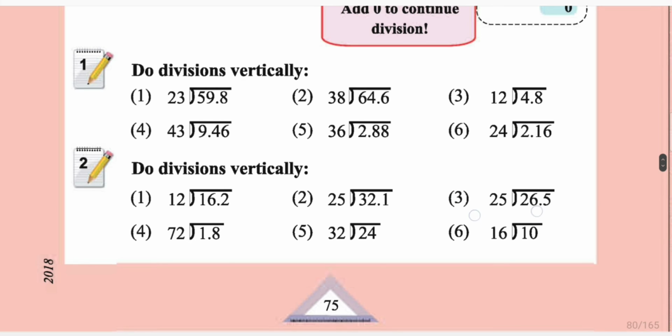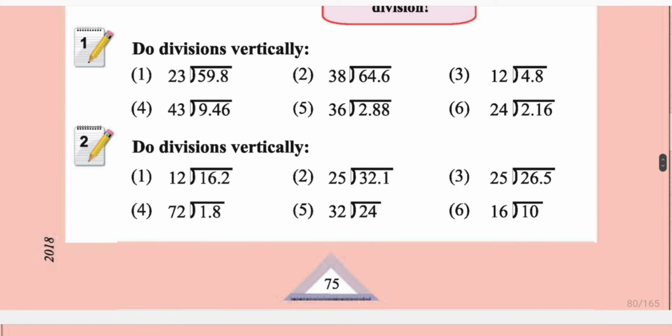Let me take one example, 59.8 by 23. 23 2s are 46, 59 minus 46 is 13.